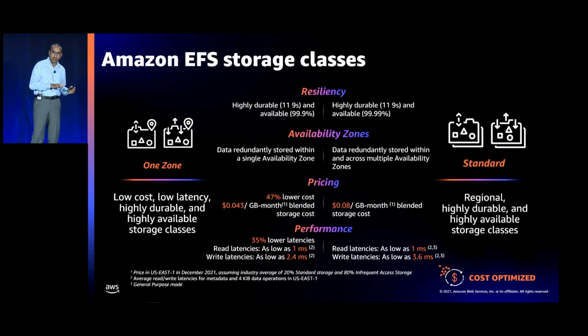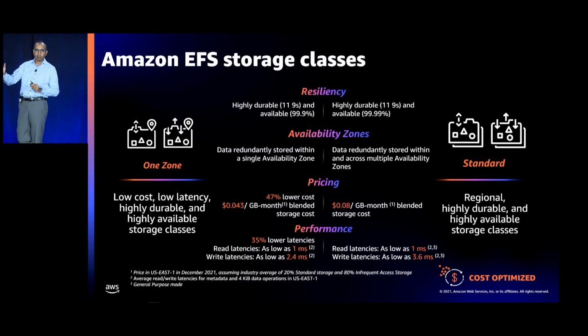And since data is stored in a single availability zone for one-zone storage classes, they offer write latencies as low as 2.4 milliseconds, which is 35% lower than the write latencies offered by standard storage classes. So that's how you can think about the 2 different sets of storage classes that EFS provides.